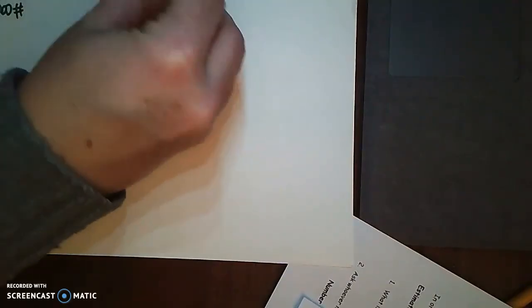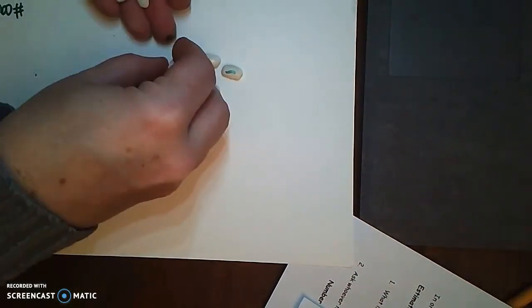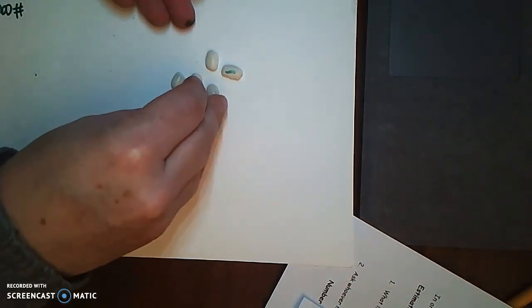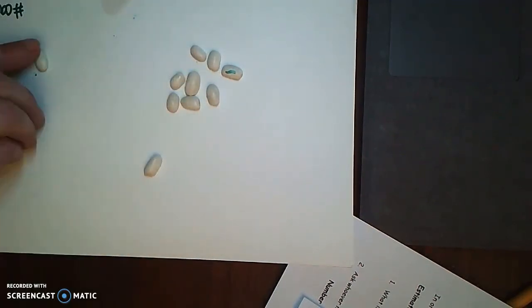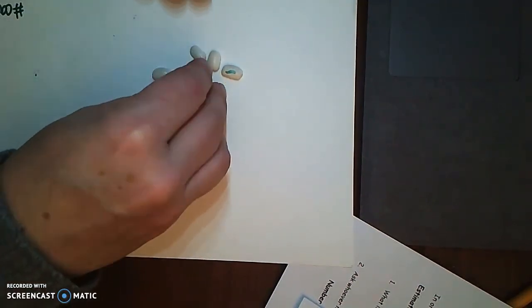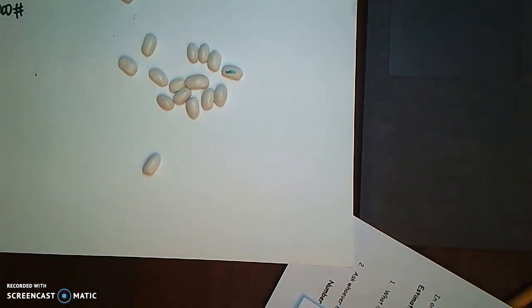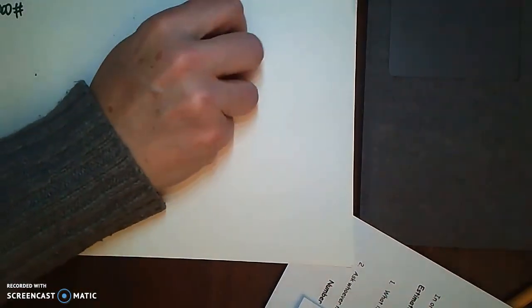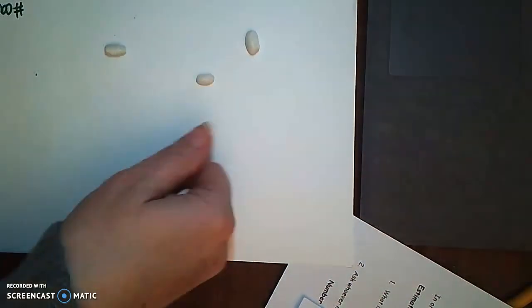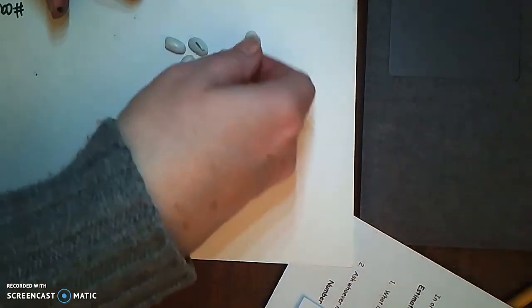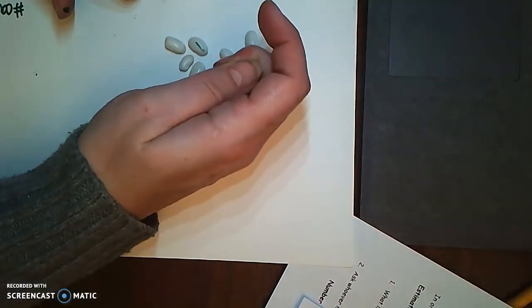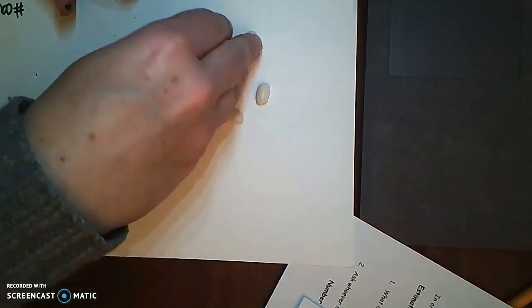Trial number 6. 1, 2, 3, 4, 5, 6, 7, 8, 9, 10, 11, 12, 13, 14, 15, 16. So 16, oh shoot, I shouldn't have done 16. 15 and 1. All right, next. 1, 2, 3, 4, 5, 6, 7, 8, 9, 10, 11, 12, 13, 14, 15.